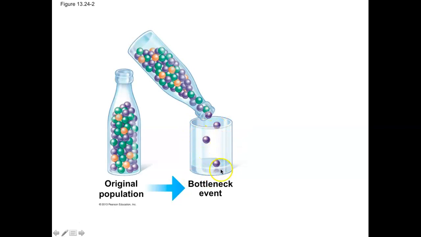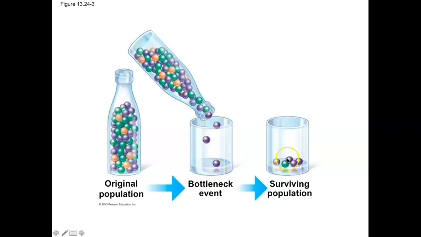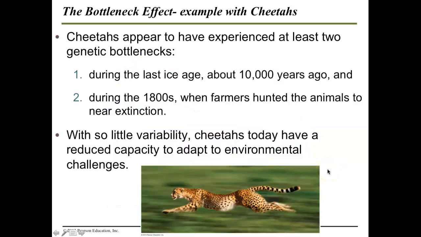And so with the survivors, the frequency of the alleles changes, what alleles you have also shifts, right? We've completely lost any individual with these yellow alleles. So the surviving population has a much smaller gene pool than the original population. And that's what a bottleneck does.